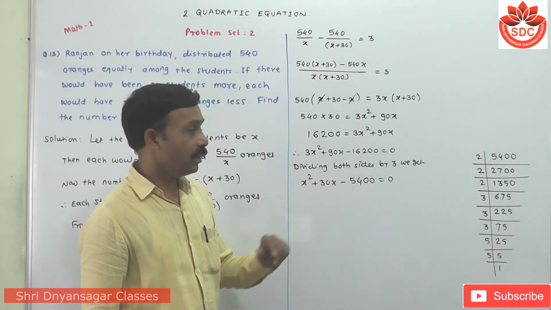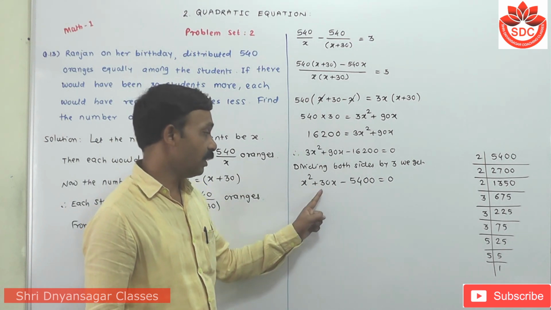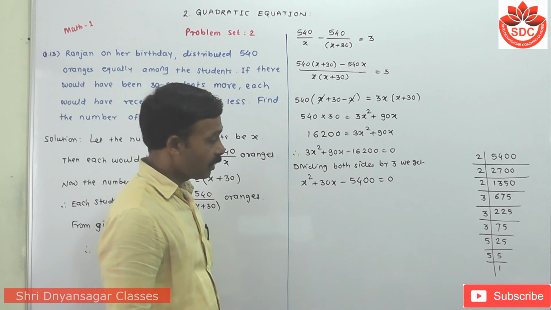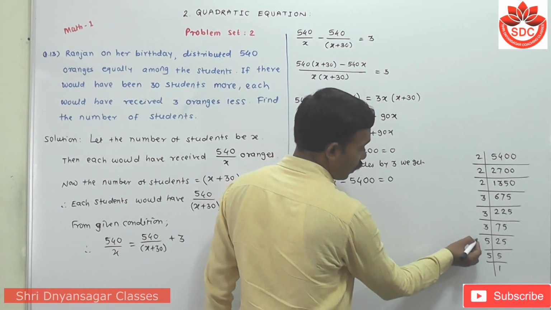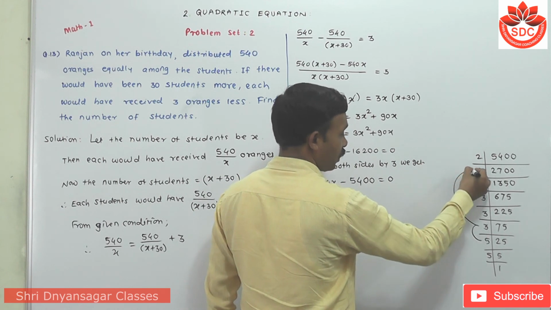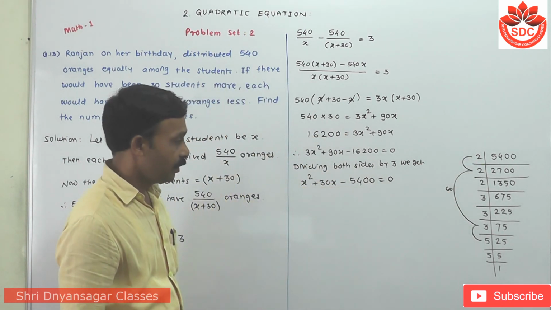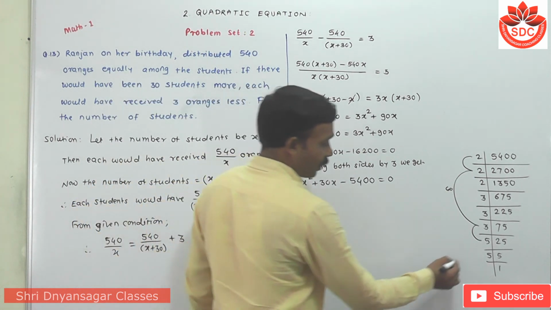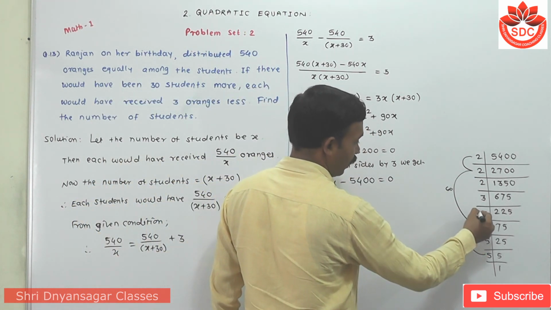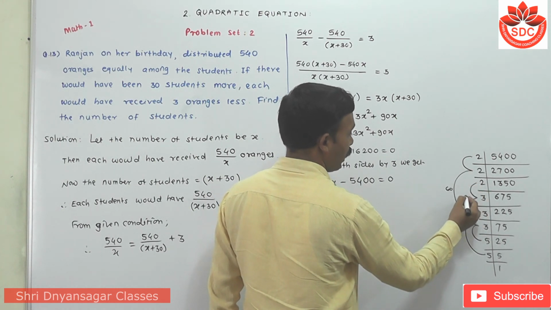Now here make two numbers such that their addition is 30. For this I take here 5 3s are 15, 15 into 2 is 30, 30 into 2 is 60. Then this one is 5 3s are 15, 15 3s are 45, 45 2s are 90.